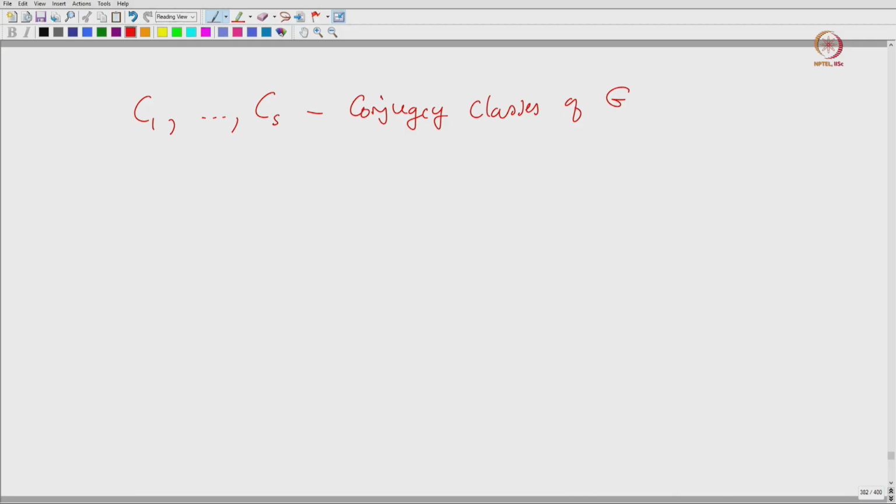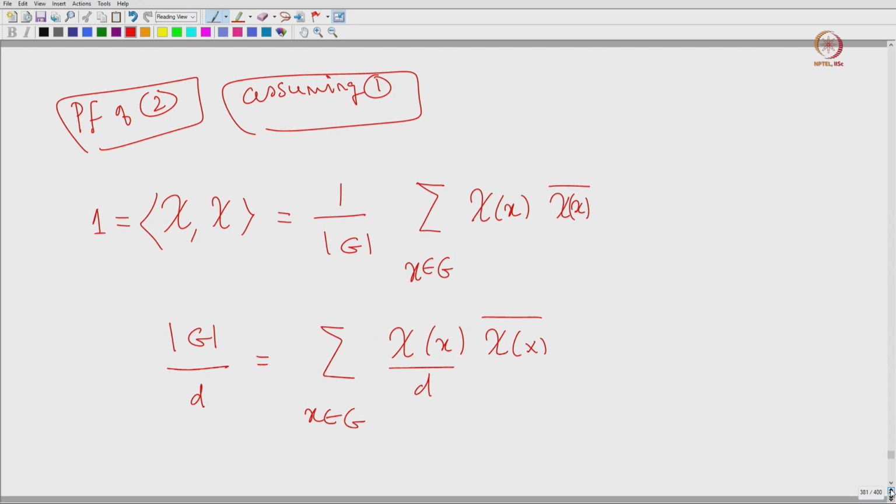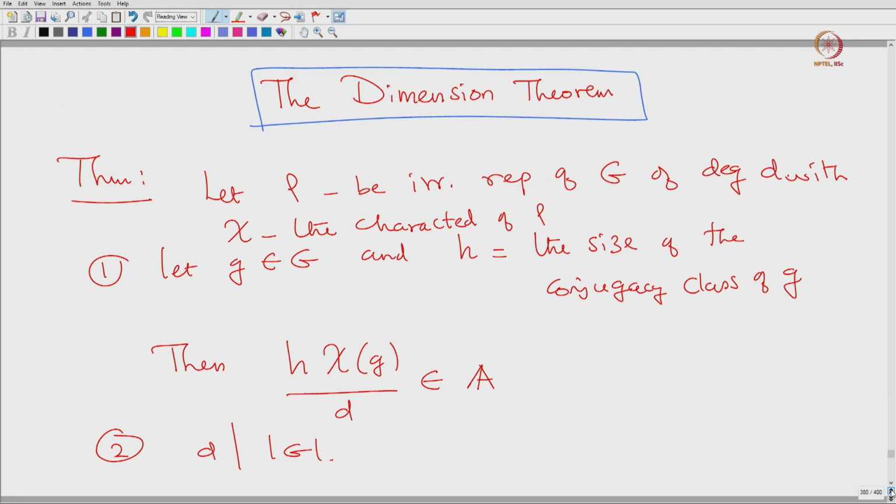We already fixed this rho, so this is something we are not changing. Let us keep that.